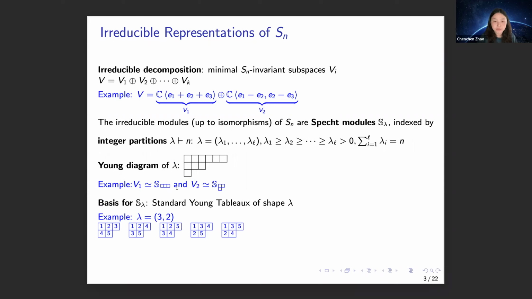So a standard Young tableau is: if we have a Young diagram, we fill it with integers from 1 through n, using each integer exactly once, so that each row and column is strictly increasing. And here are some examples. So when lambda is equal to 3, 2, 1, there are 5 standard Young tableaux.